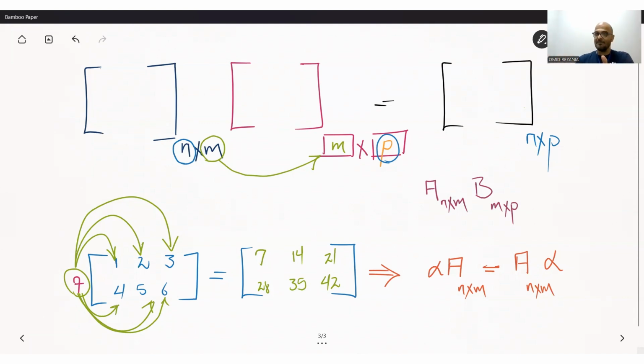Then it means that they're compatible. And the result is going to be the ranking of N times P, like the one which I did up there. Look at this one. The question is, are they going to be the same as matrix B, which is the ranking M times P, times A, which is N times M? Are they commutable, permutable?